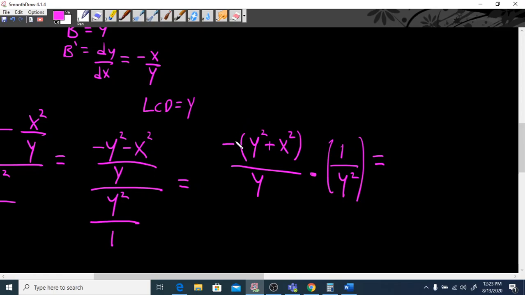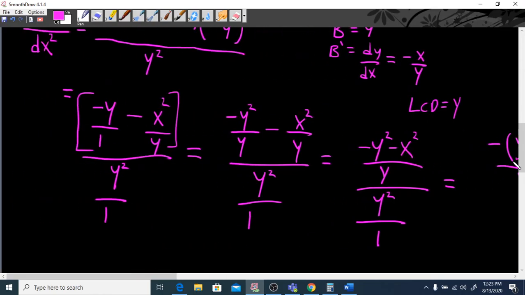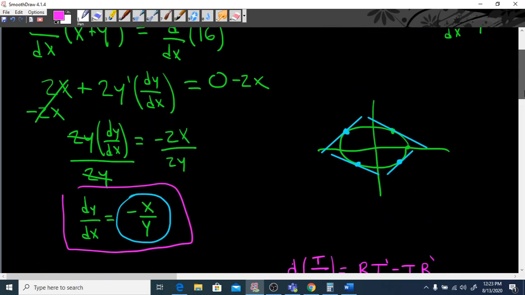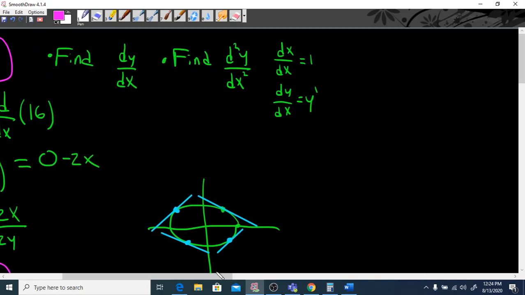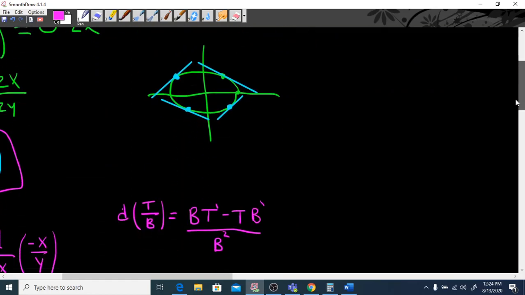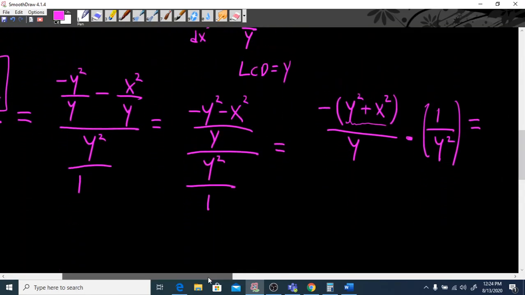Now here's something interesting. Here we have y squared plus x squared. Okay. Now in the very beginning, I said, hey, remember that x squared plus y squared is 16, right? So anywhere we see x squared plus y squared or y squared plus x squared, we can replace that with 16. Okay. So I'm going to do that right here.